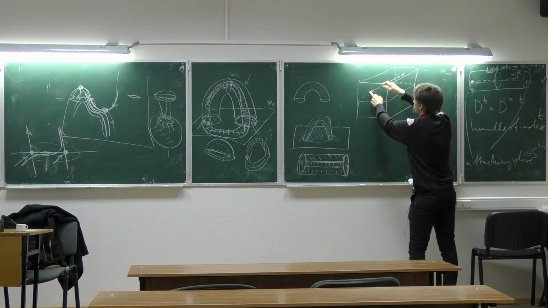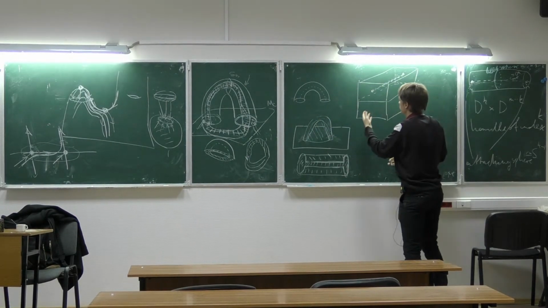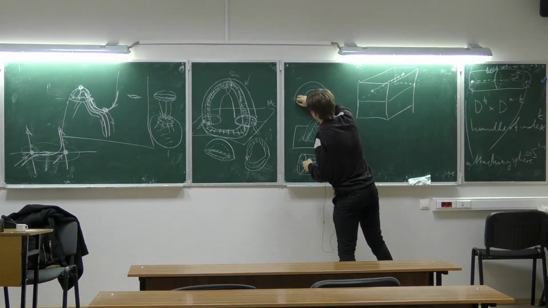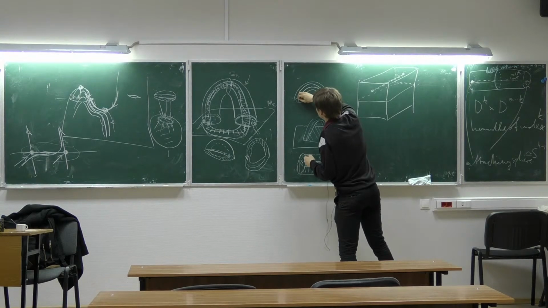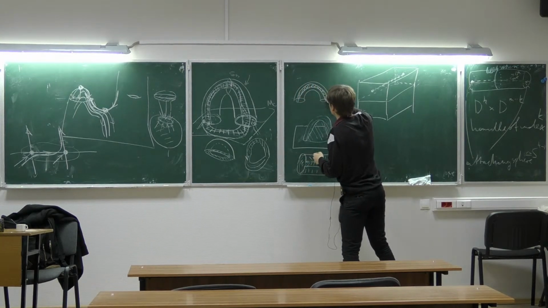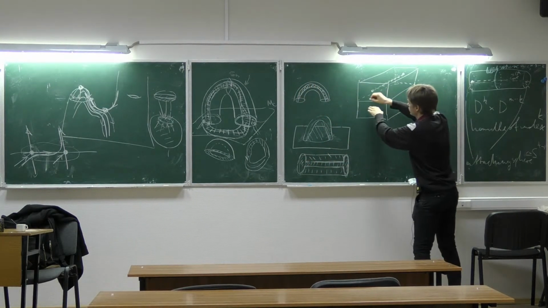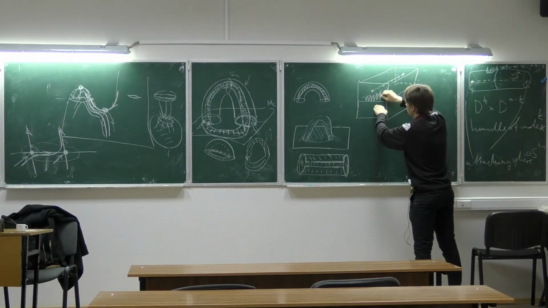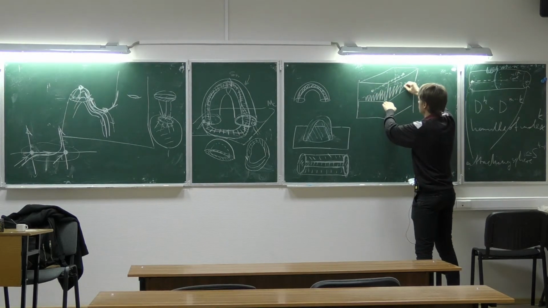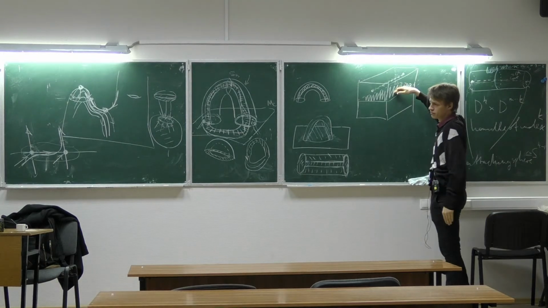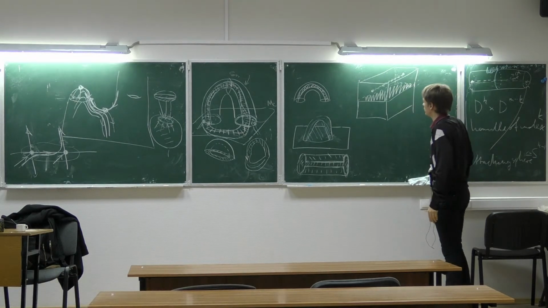So I have drawn the core disk here. So here you have this attachment belt. I draw it precisely here. It will be rather thick. So here is a thick attachment belt.